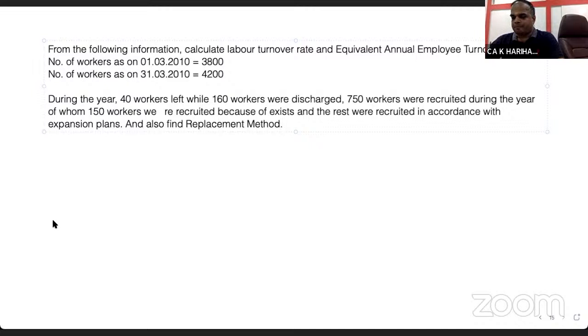How to identify whether the problem is based on with expansion or without expansion? I told you they won't specify which method is applicable. Broadly 2 methods, and under the 2 methods, each 3.